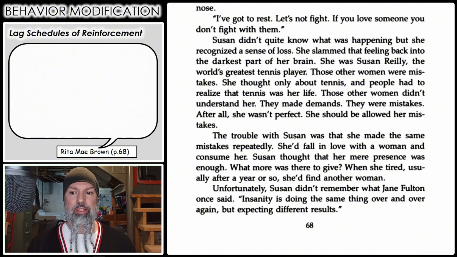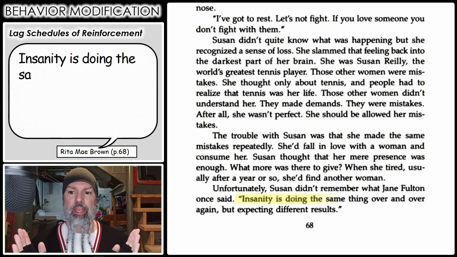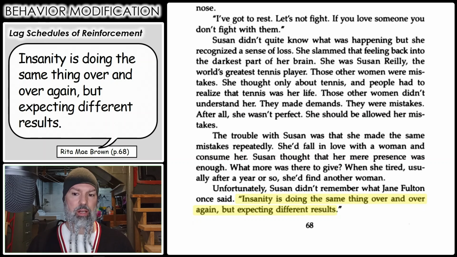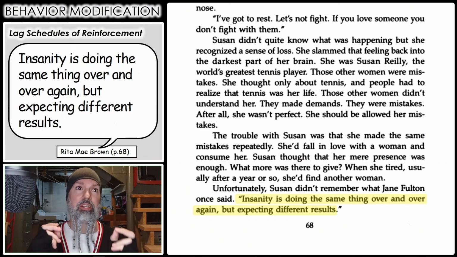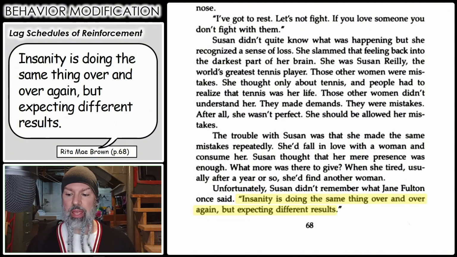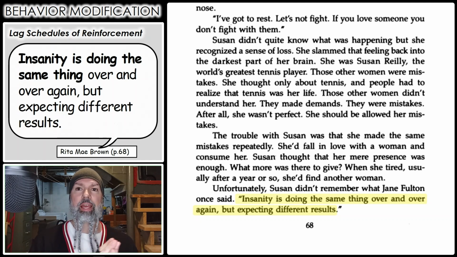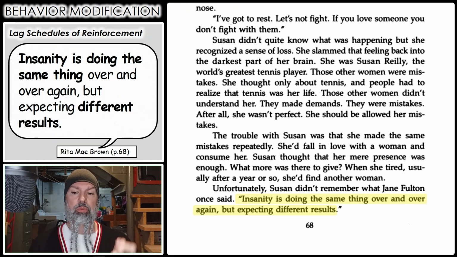And the quote is that insanity is doing the same thing over and over again, but expecting different results. So this is what we're going to be using as our definition for why we want to inject a little bit of variability into some behaviors, because you don't want to do the same thing over and over again, especially if you require different results.